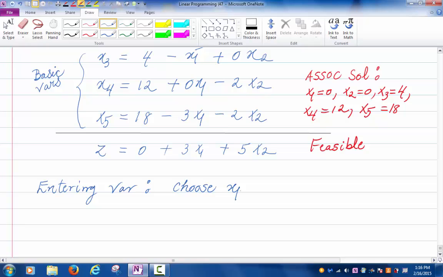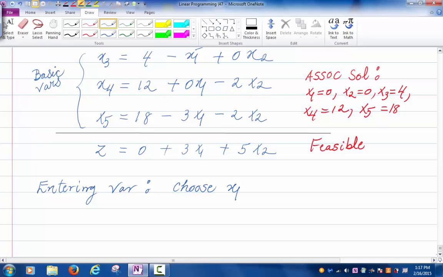However, I'm just going to make this choice to show you that this is also a valid choice and to see how the simplex takes different paths depending on what you choose here. We are going to talk about how we should choose more efficiently later. Those details will be left for later. Right now, I just want to go over one complete solution. So choose x1 as the entering variable.